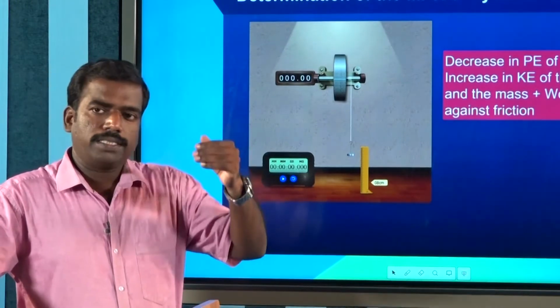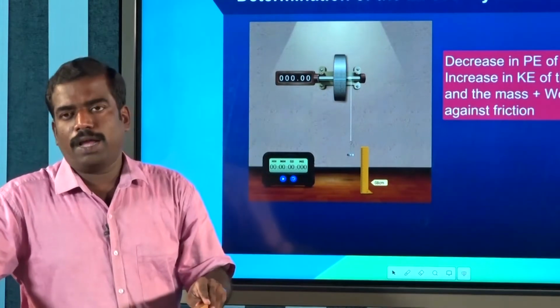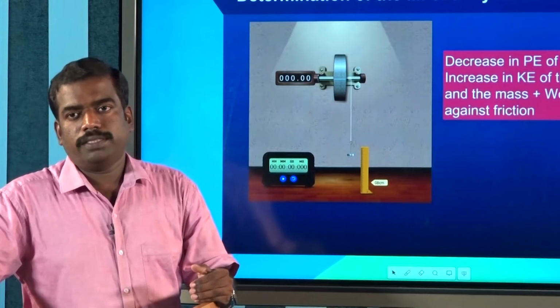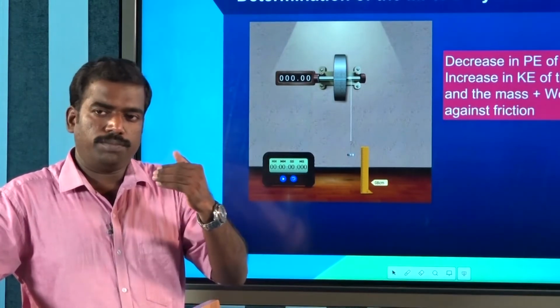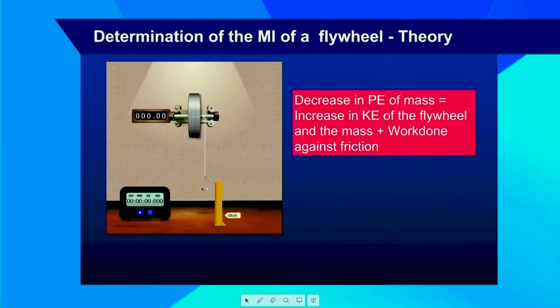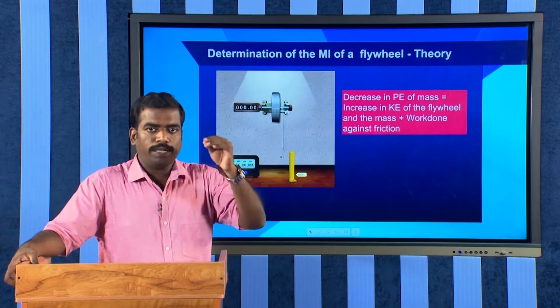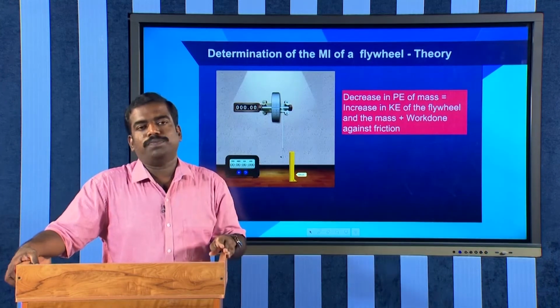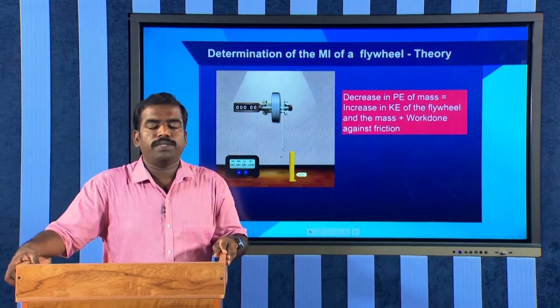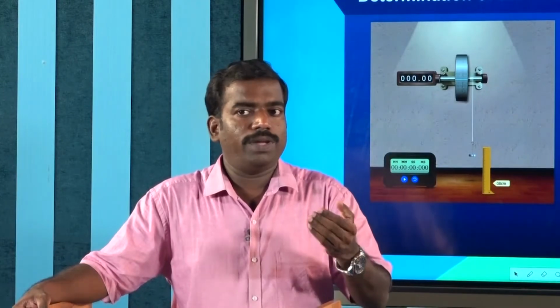When the mass is falling under gravity, the mass loses its potential energy, and the flywheel gains some kinetic energy. The potential energy of the mass is decreasing and the flywheel is getting kinetic energy.